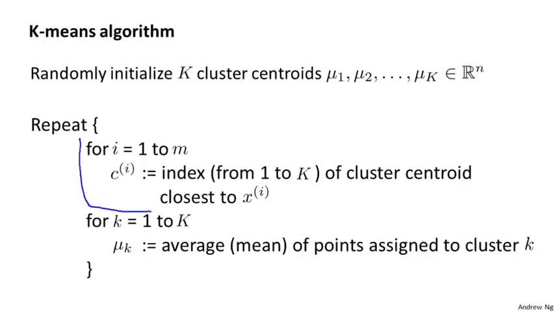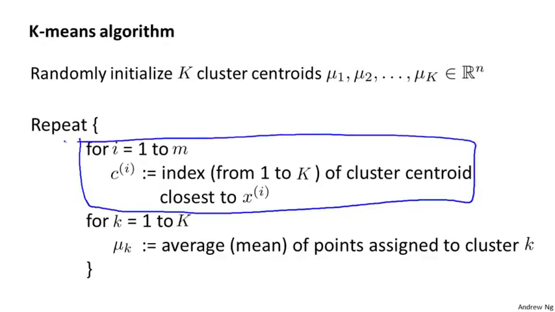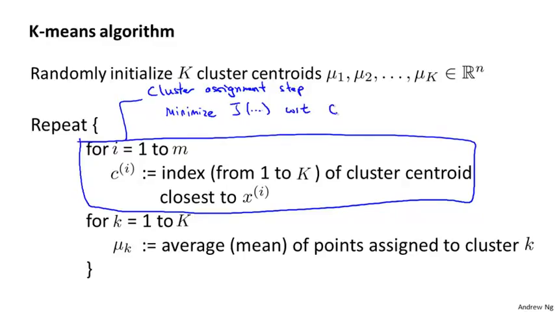The first step of this algorithm was the cluster assignment step, where we assign each point to the cluster centroid, and it's possible to show mathematically that the cluster assignment step is exactly minimizing J with respect to the variables c^(1), c^(2), and so on up to c^(m), while holding the cluster centroids mu_1 up to mu_K fixed.